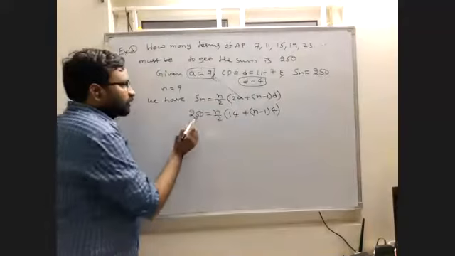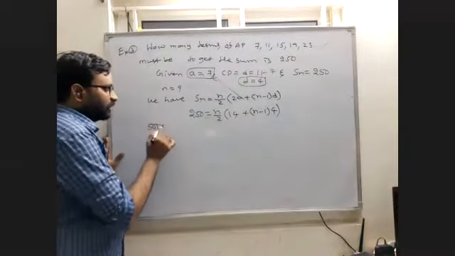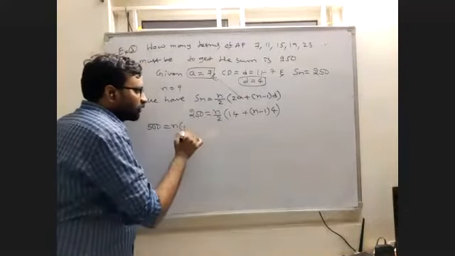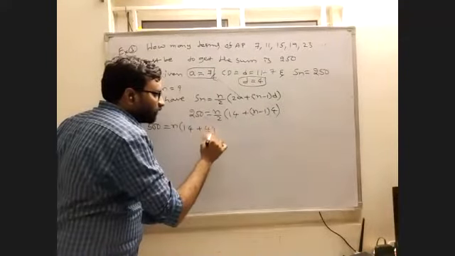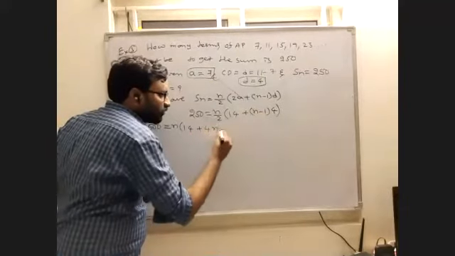Okay, expand. 250 into 2, 500, is equal to n into 14 plus n into 4, 4n. Next, minus 1 into 4, minus 4.